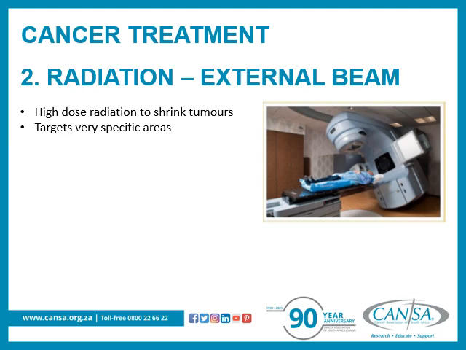The goal is to kill the cancer cells without damaging the surrounding healthy cells. Radiation therapy can be used before, during, or after other types of cancer treatment. Like surgery, it can be used to treat the cancer, or it can be used for palliation, in other words, to reduce discomfort in patients.